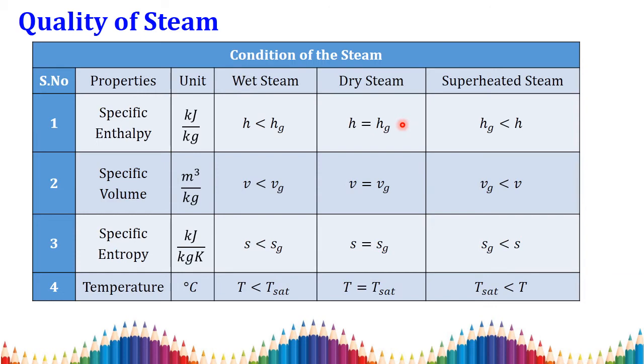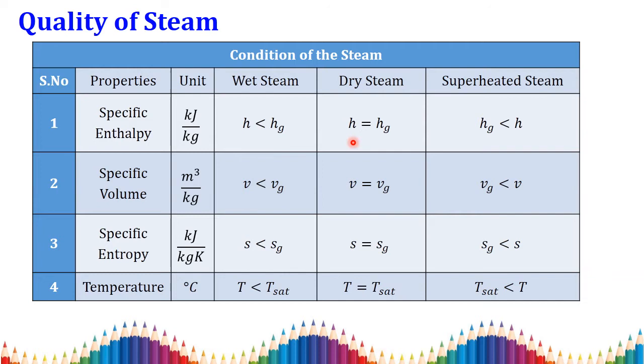How these qualities are classified was explained in detail in the previous lectures. If you have any doubt, you can go through the previous lecture. I am just recalling that. If the given specific enthalpy is lesser than the specific enthalpy of saturated vapor, then it is called wet steam.